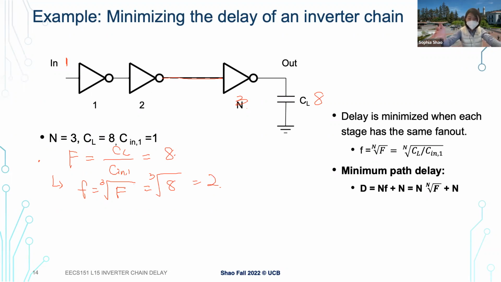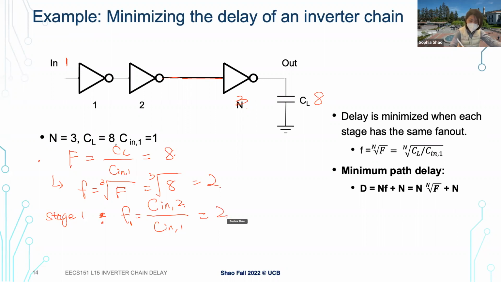Then eventually we still want to size the transistors, right? How would that actually affect the size of the transistor? Let's say for the first stage, 1, we talk about the fan out of stage 1. The fan out here is basically what we are driving, which is the input capacitance of the second stage, relative to the input capacitance of my first stage.